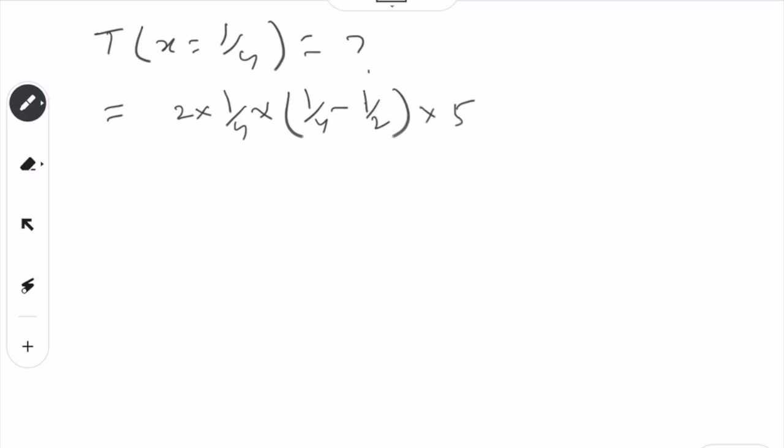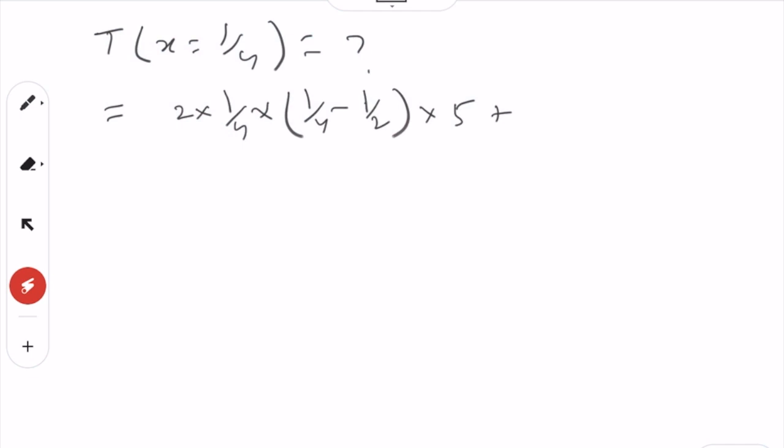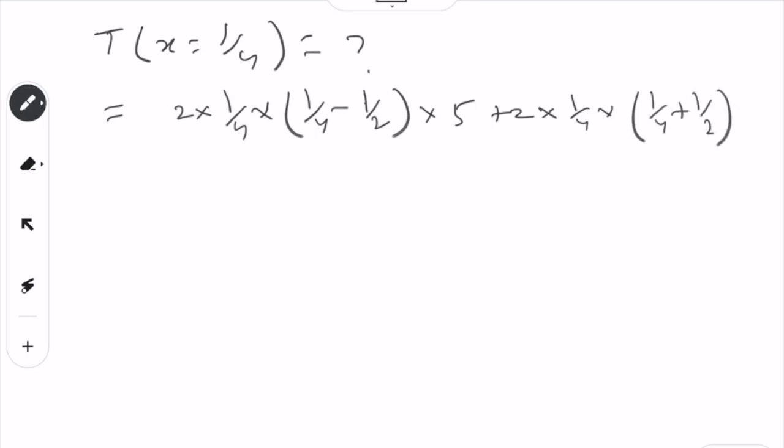Then plus 2 times 1/4 multiplied by 1/4 plus half, multiplied by T2.